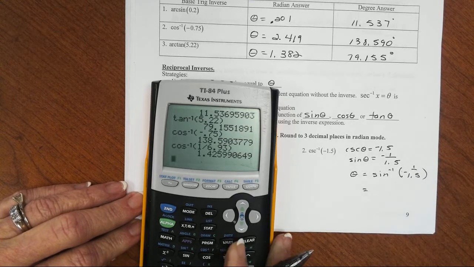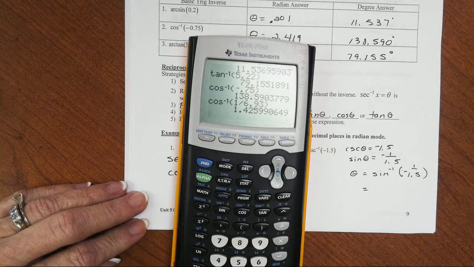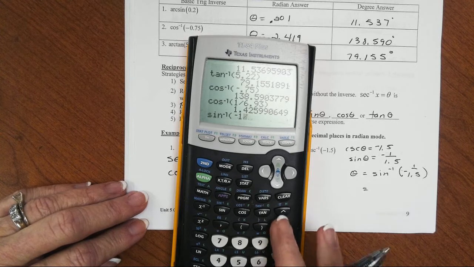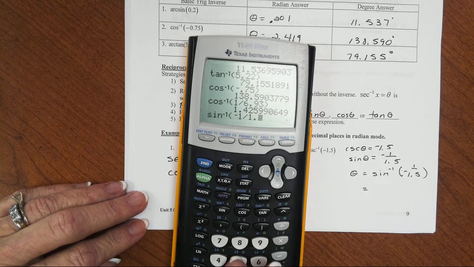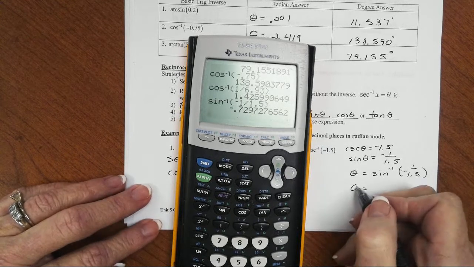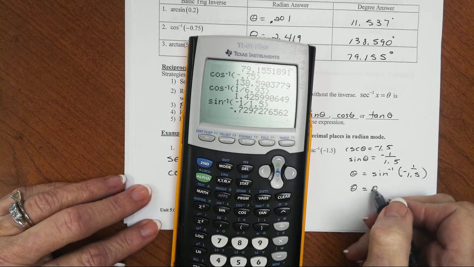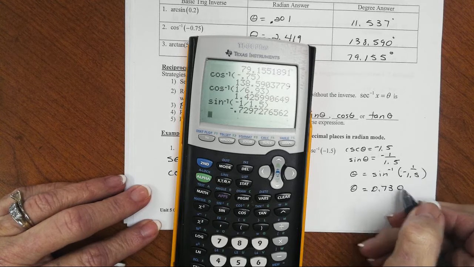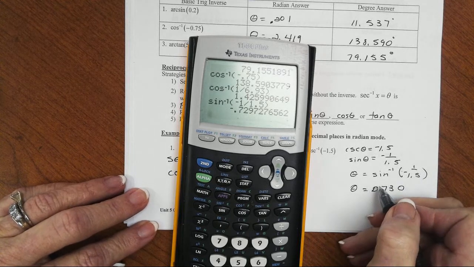Then we do that one as second sine, negative 1 divided by 1.5. And we get theta equals 0.730, and it is negative.